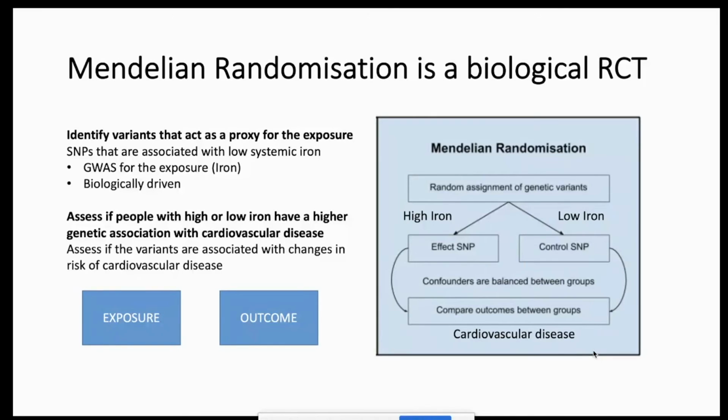In this way, we look at how the exposure can influence the outcome. With Mendelian randomization, you always need to think of two things: the exposure and the outcome. We assess if people who have the exposure have different rates of outcome, and we use this with genetic proxies.